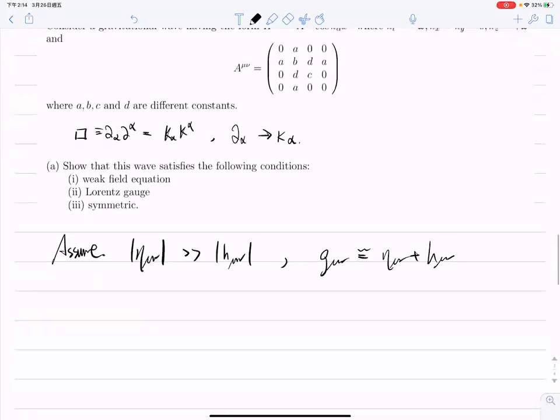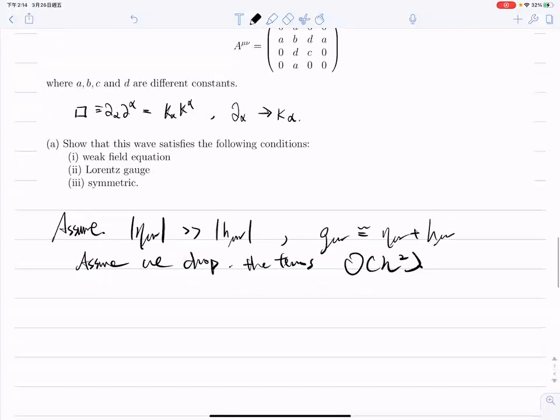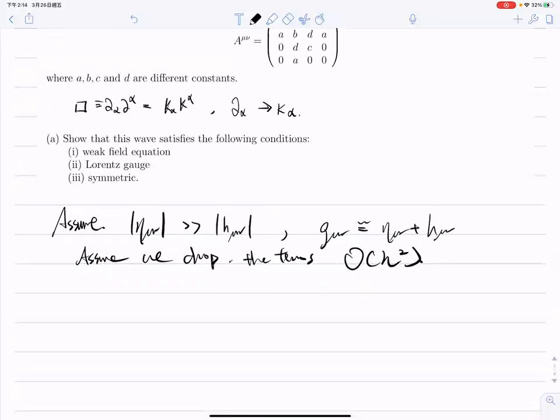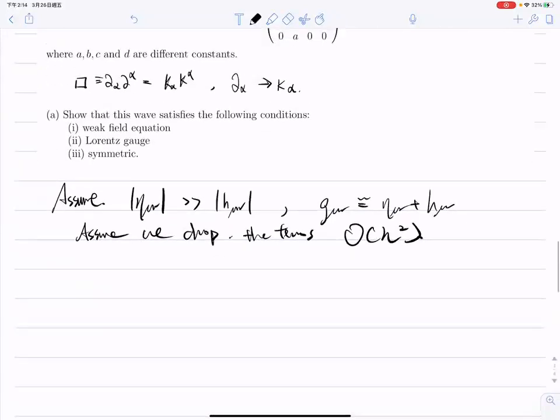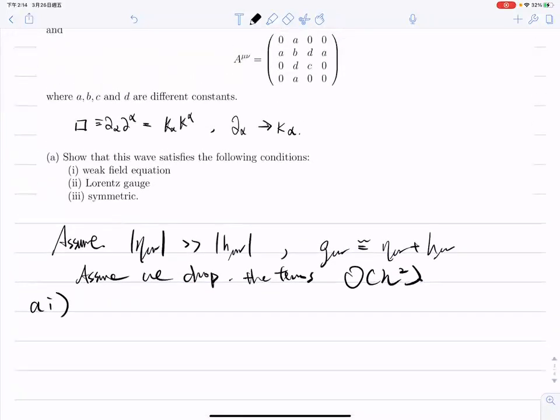Then we drop all the terms of order h squared and higher, and we remain with only one h in all of our answer. So for part A, this wave satisfies the weak field equation. What is the weak field equation? I haven't specified.